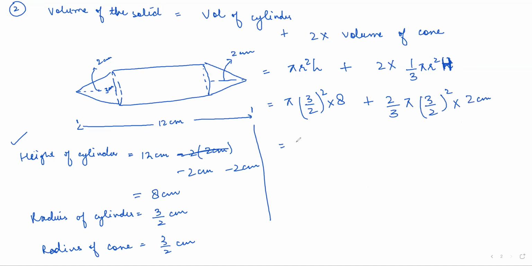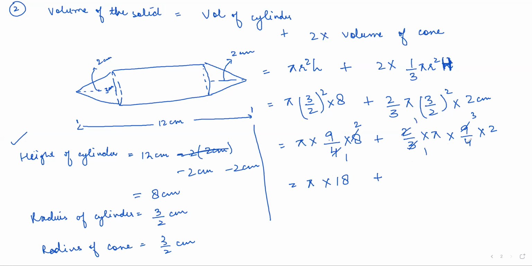Right. Now pi into this becomes 9 divided by 4 into 8 plus 2 by 3 into pi into, so again that becomes 9 by 4 into 2, right? So just cancel out a few things. 4 into 1, 4 into 2. So 2 into 9 is 18 plus. So 3 into 1, 3 into 3. And then 2 into 1, 2 into 2, and then this 2 gone. So I have only 3 pi, right? So 18 pi plus 3 pi, that becomes 21 pi. And then 21 into 22 by 7.